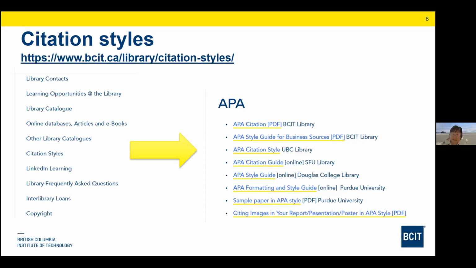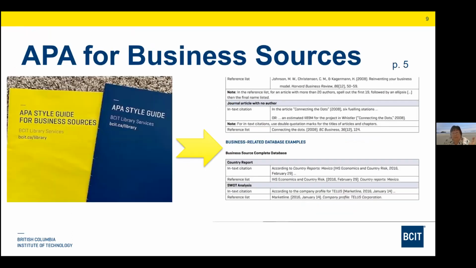Here is an example on the right-hand side of the APA citation, which is the guide that Deirdre and I have created, and then the APA style guide for business sources. The blue one is the general guide, and the yellow one is the business sources.